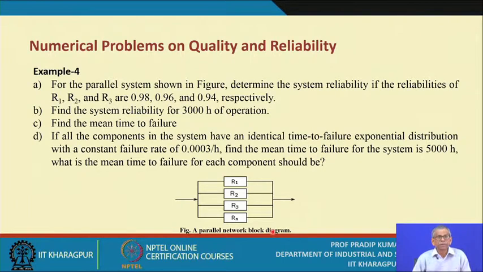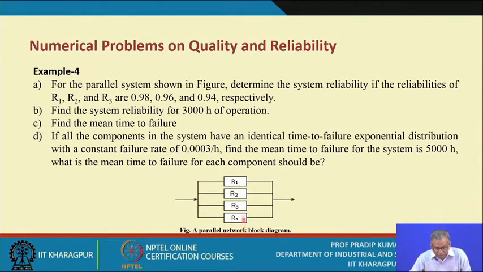Next problem, that is example 4. Again we refer to the parallel systems, and this is a typical parallel system we have. For the parallel system shown in the figure, determine the system's reliability if the reliability of R1, R2 and R3 are given. This is the general parallel network block diagram.